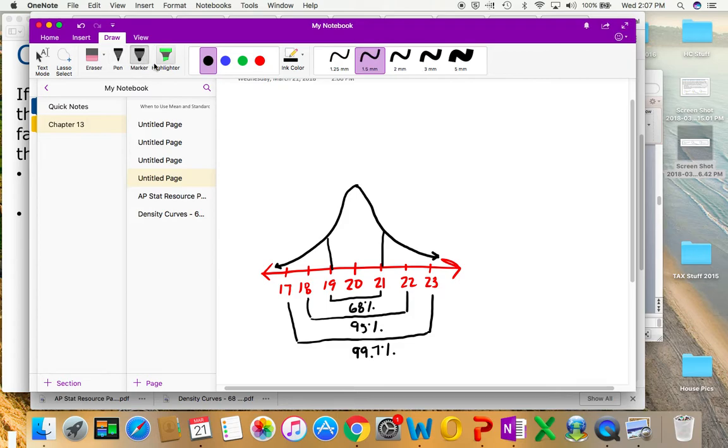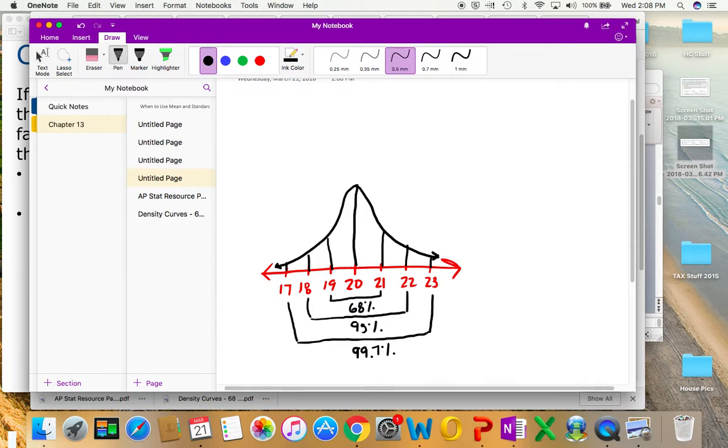Likewise, I know from 18 over to 22, that's also 95%. I know 17 to 23 is 99.7.